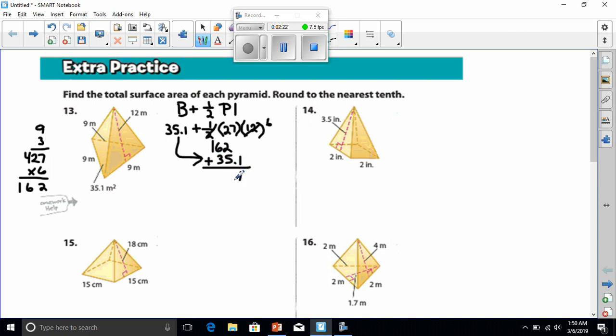Well, the 1 comes down, decimal. 5 plus 2 is 7. 6 plus 3 is 9. And 1 comes down. We have 197.1 meters square. Remember, we're talking about surface area. We're talking about square units. So the answer to number 13 should be 197.1 meters square.